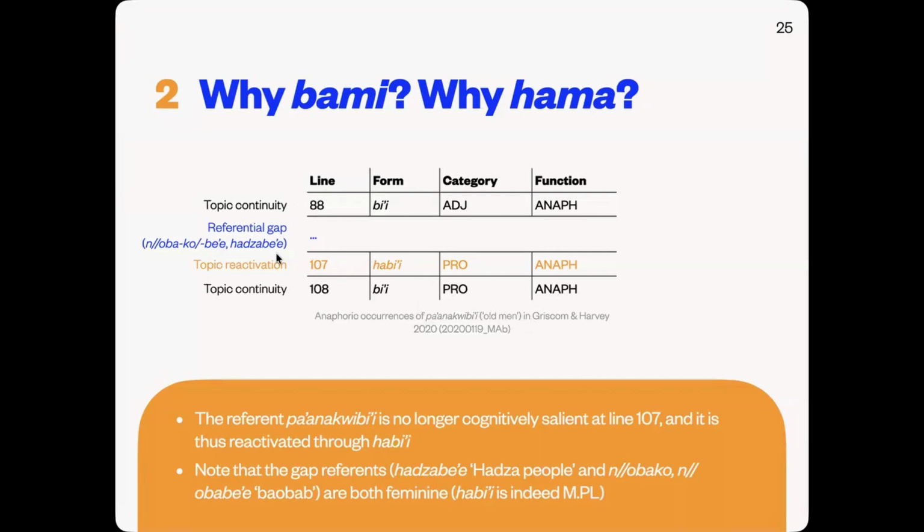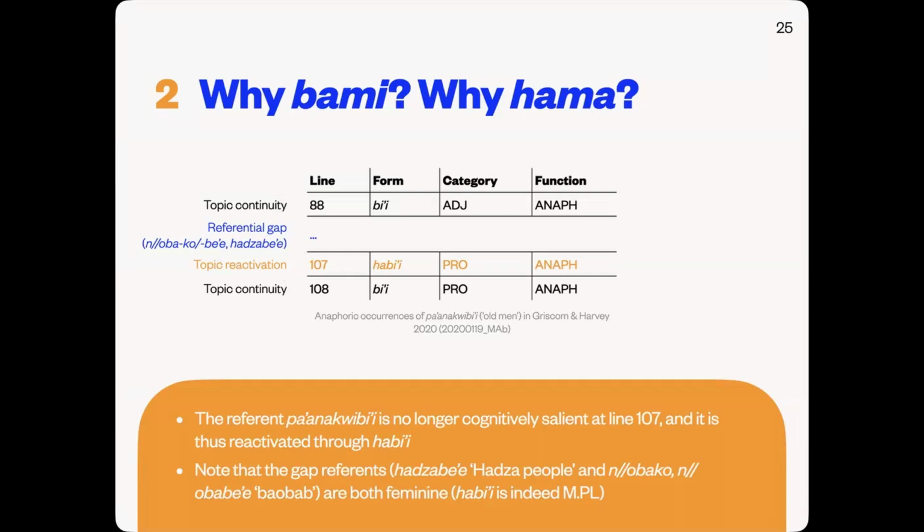That is why, as I said, there apparently is a referential gap. So the speaker starts talking about other things like baobabs, like Hadza people. And when the old men return in line 107, their cognitive salience is basically dropped.